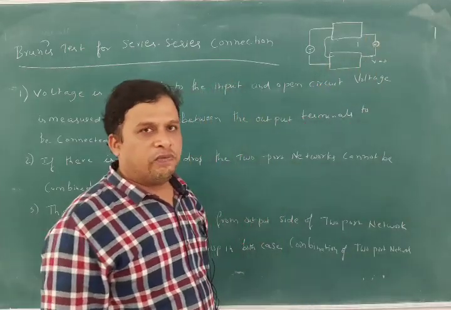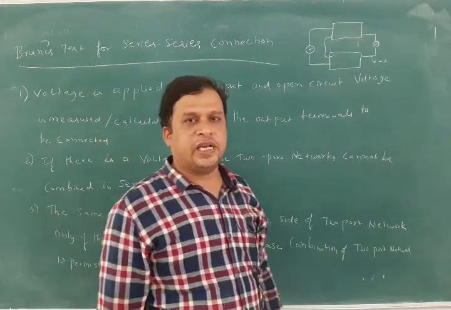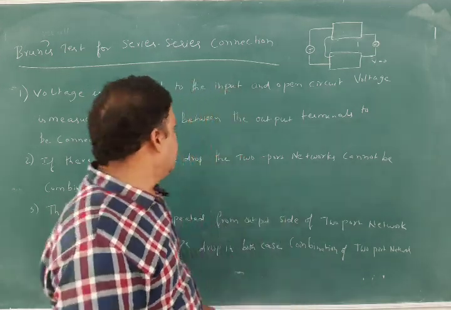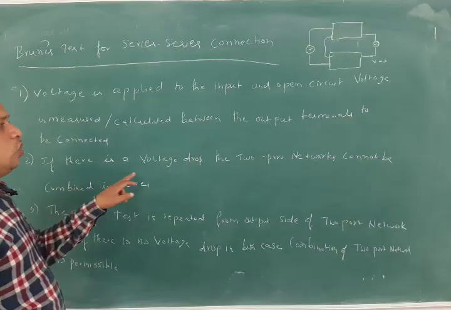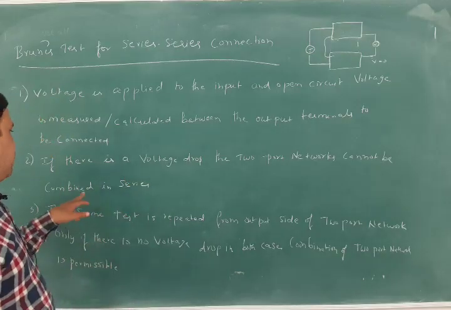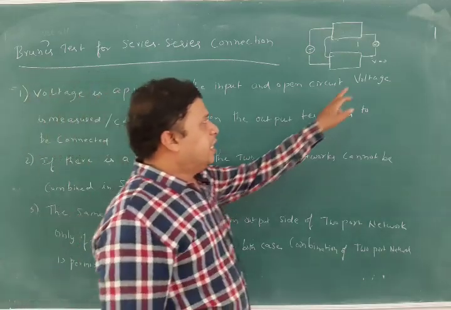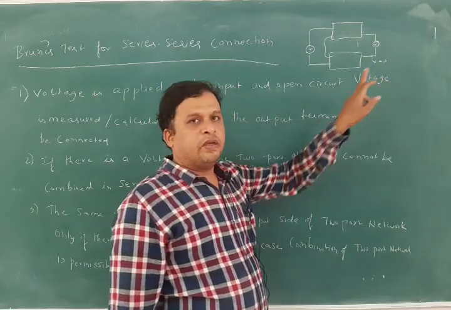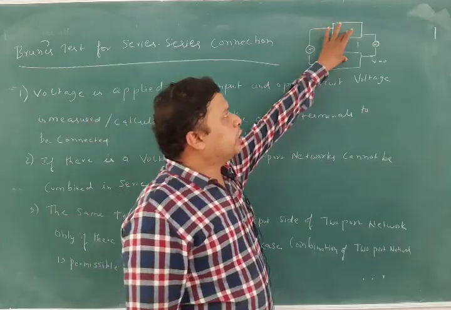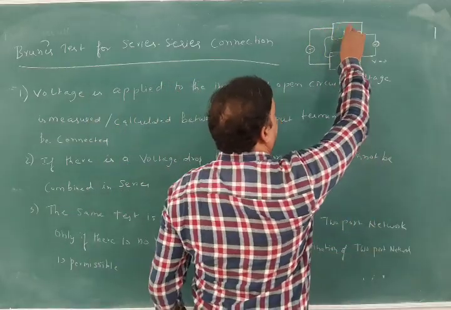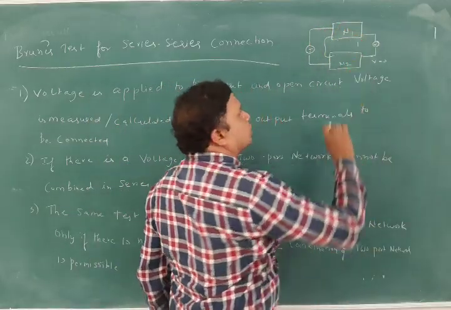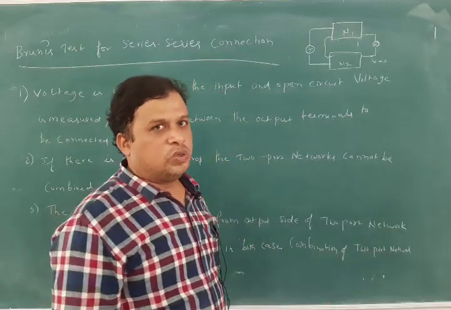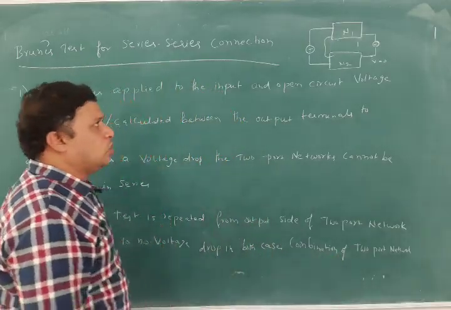If the voltage measures 0, then it is fine. If there is any voltage drop, instead of V equal to 0, we cannot combine these two-port networks, N1 and N2, in series. That was the Brune test for series combination.